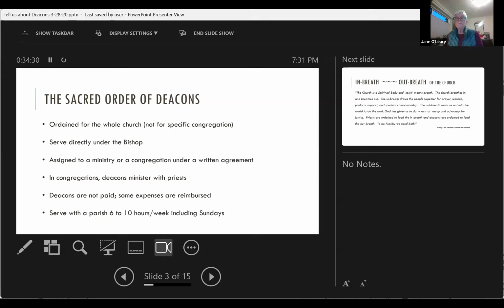And deacons give their time and commitment and obedience to the church without monetary compensation. So I think this is really important for people who are thinking, do I want to be a priest? Do I want to be a deacon? These are two different things. One is to be a volunteer fireman, and the other is to be the paid fire chief. I don't know if that was a good analogy or not.